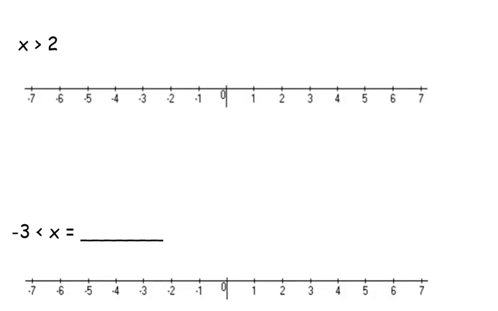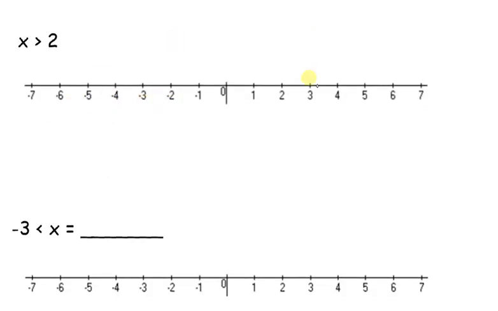All right, so let's try a couple examples, and I've already numbered the number line for you to make it easier. So X is greater than 2. So what you need to do is find 2 on the number line. So here's 2 right here, okay? Now, we just talked about this sign right here means an open circle. So I'm going to put an open circle on top of the 2.